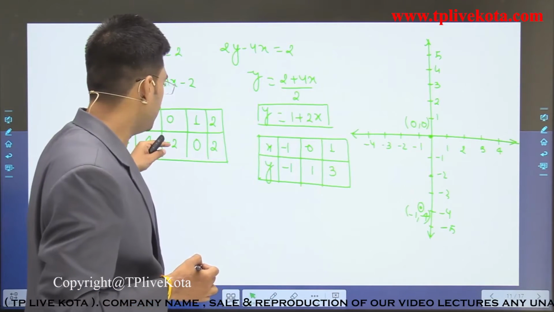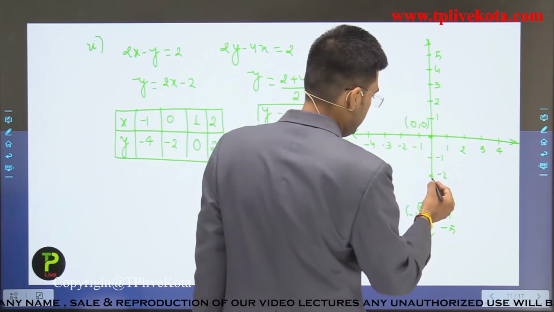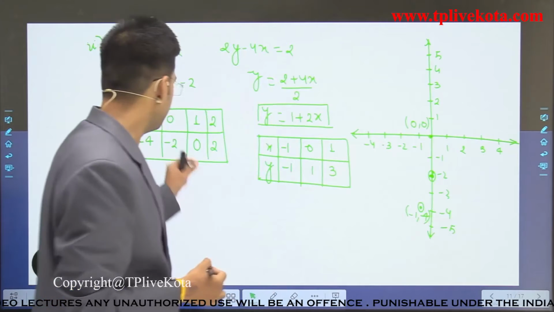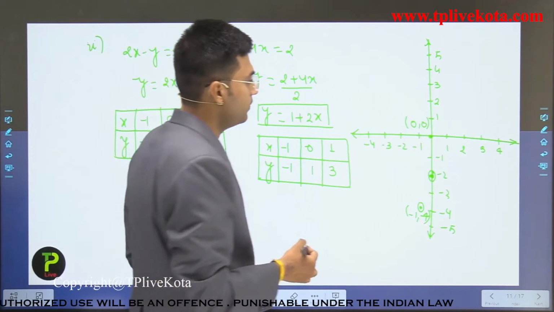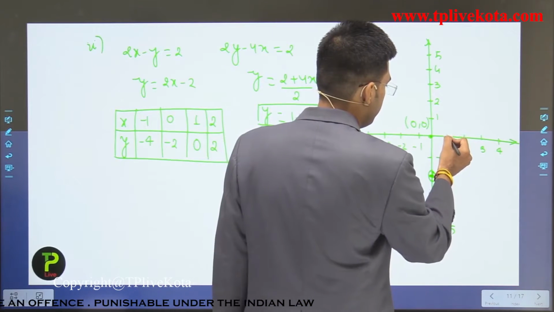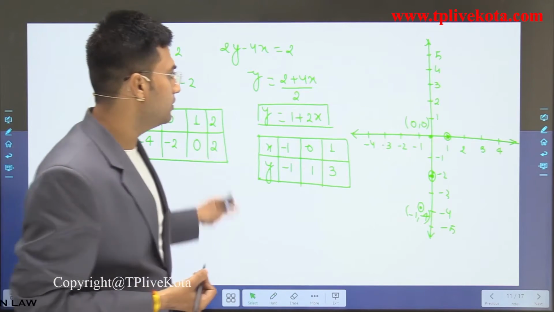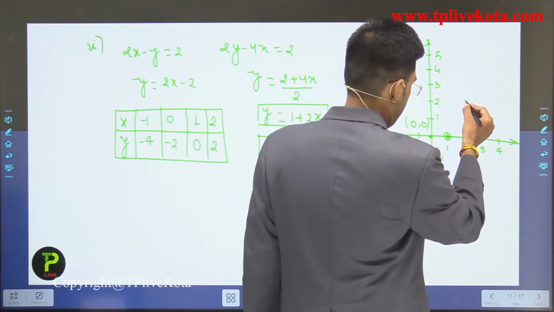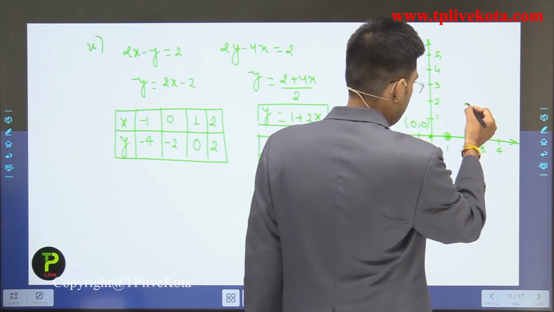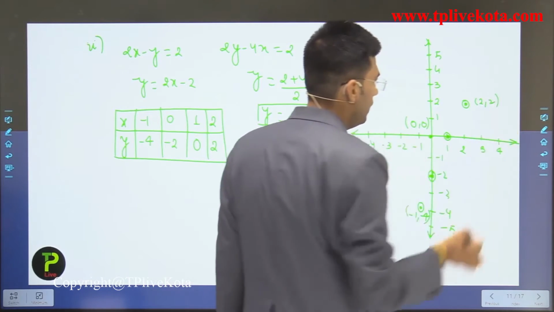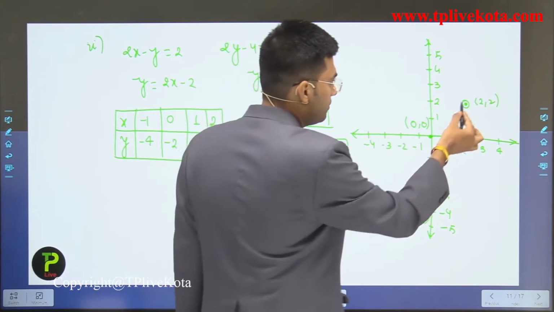Next is 0 comma minus 2. Then the next is 1 comma 0. And the next is 2 comma 2. Now let's join all these points.